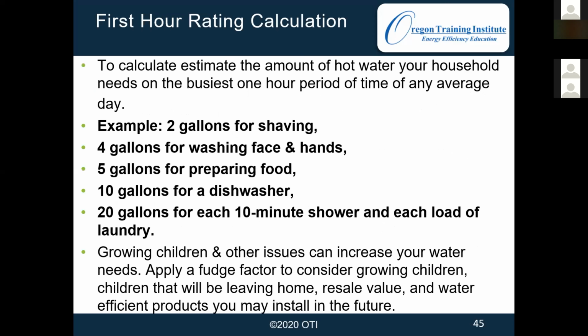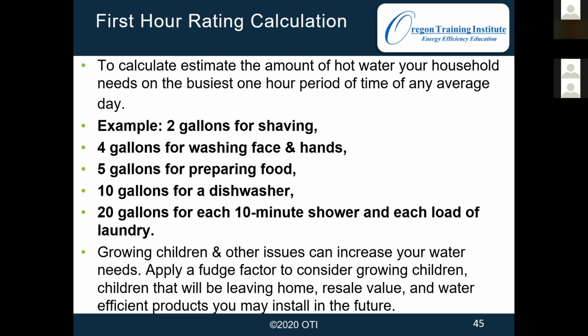So to calculate that first hour rating, we're just going to essentially take the busiest hour of the day out of any given week, you know, whether it's Monday or Wednesday. Usually in the morning, everyone's getting ready for work or school, bathing, cooking, cleaning, shaving, doing the dishes, washing clothes.